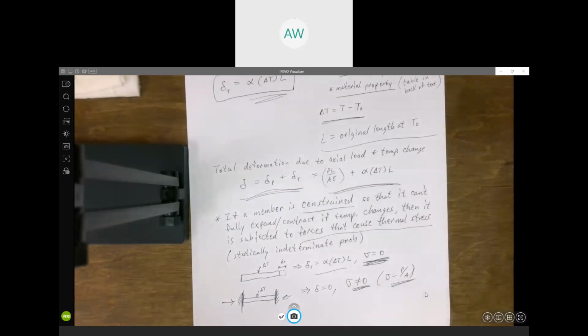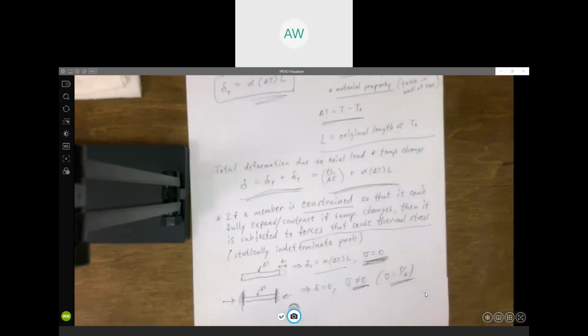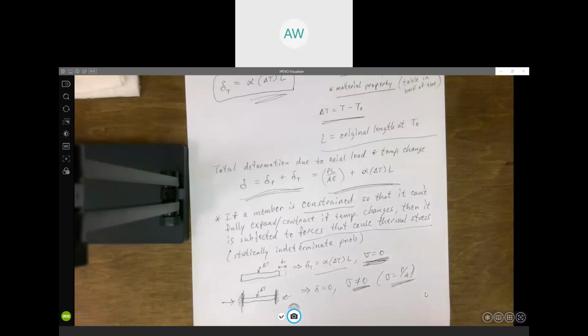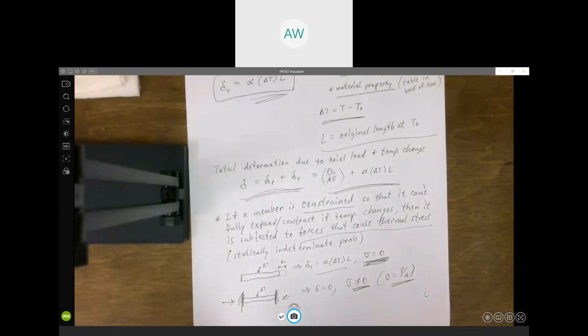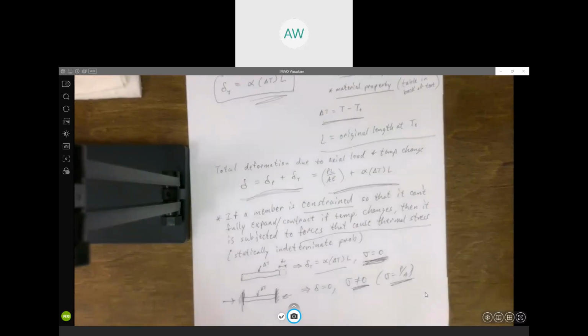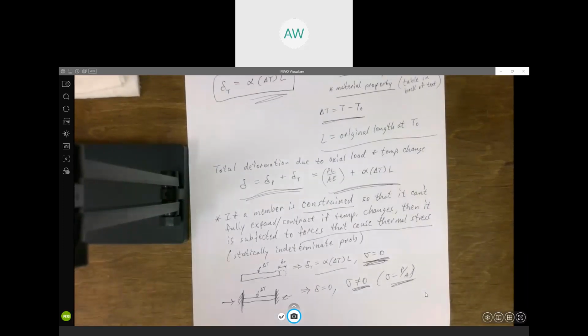That concept makes sense? Right with me? This is how we generate stresses due to temperature change, not due to the temperature change itself. It's due to the fact that if we've got the object constrained, preventing it from expanding or contracting, it's going to cause an axial load, which results in a stress. All right, so any questions about the concept before we work a couple of problems?